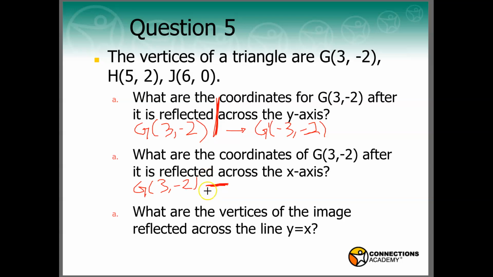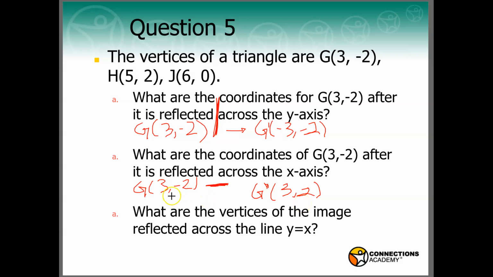Reflections would go across that horizontal line. So rather than just changing our x value here, we're just going to change our y value. So for G prime here, our x would stay the same at 3. However, our y would now just turn from a negative 2 to a positive 2.